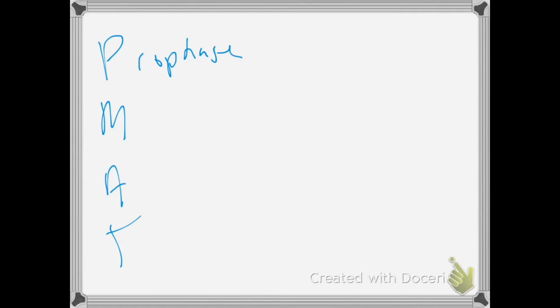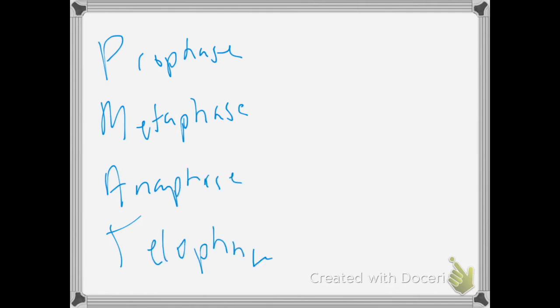And now we're moving into cellular division, which is this PMAT, or Premed. Whether it's mitosis or meiosis, regardless, we're going to follow Premed, which stands for prophase, metaphase, anaphase, and telophase. If we're doing meiosis, then we have a prophase 1, a metaphase 1, anaphase 1, telophase 1.